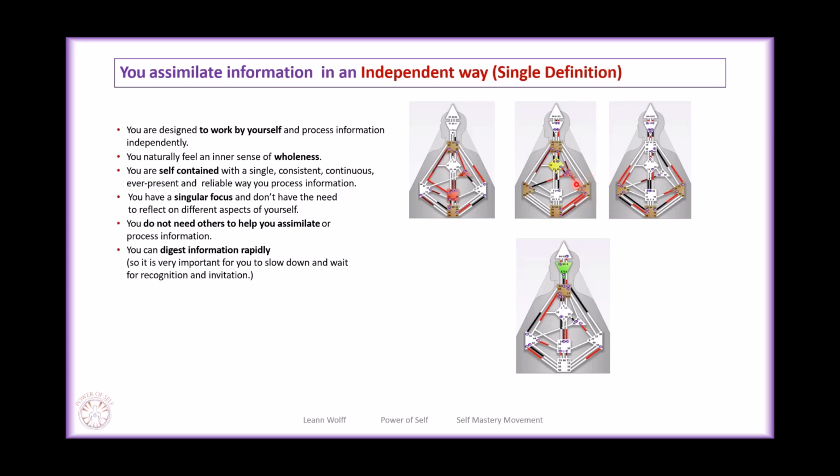Because someone who has the emotional intelligence defined within this single definition is going to assimilate information over time. They're going to come to clarity over time. There's going to be a time aspect, and they don't need anybody else to help them digest that.